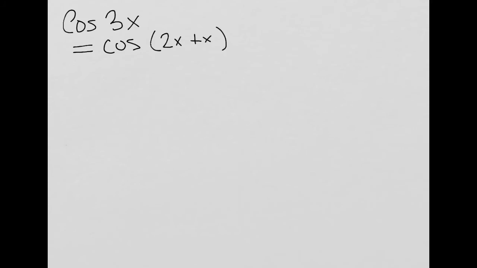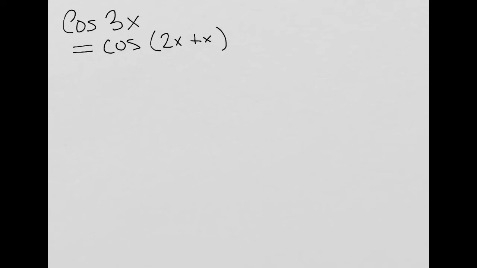A sort of expression you might run into in a calc class: cosine of 3x, triple, something like that. Well, if we know the double angle formula, it's actually not that hard to come up with a triple angle formula. So I could write this as cosine of 2x plus x.